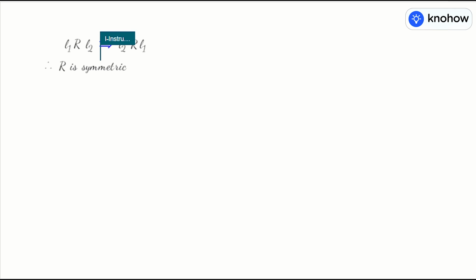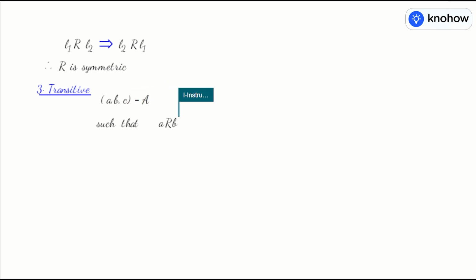Now the third is number 3, transitive relation. A relation R is said to be transitive on a given set A if, let a, b, c be any three elements in the given set A such that a is related to b and b is related to c, implies a is related to c.